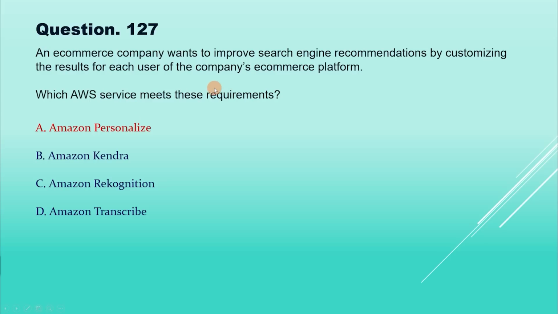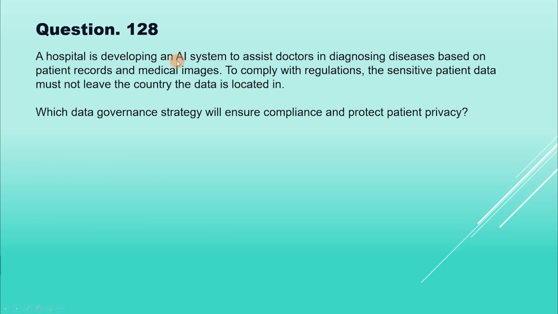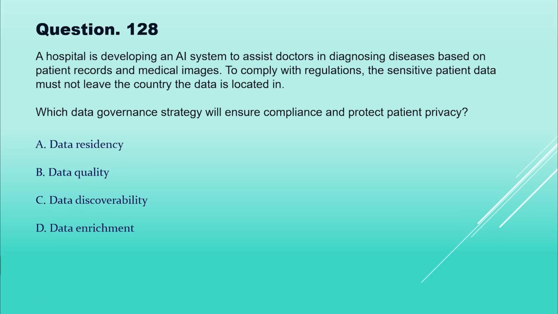Now question number 128. A hospital is developing an AI system to assist doctors in diagnosing disease based on patient records and medical images. To comply with the regulation, the sensitive patient data must not leave the country the data is located in. Which data governance strategy will ensure compliance and protect patient privacy? Option B data quality, option C data discoverability, option D data enrichment.